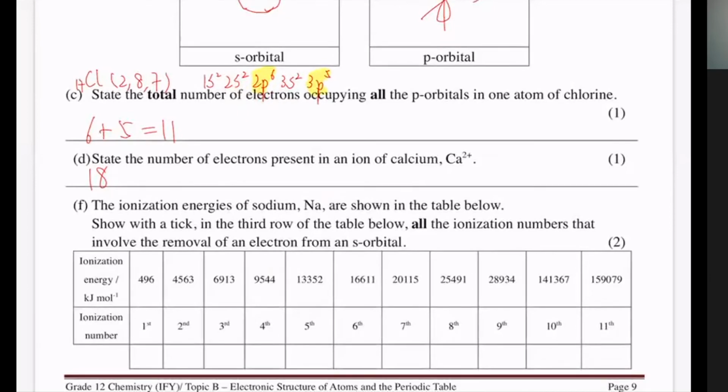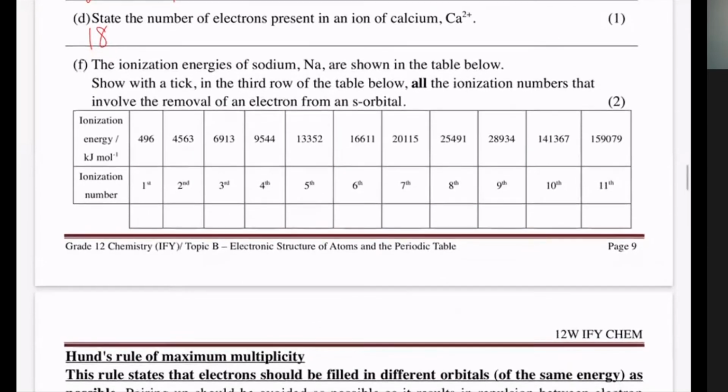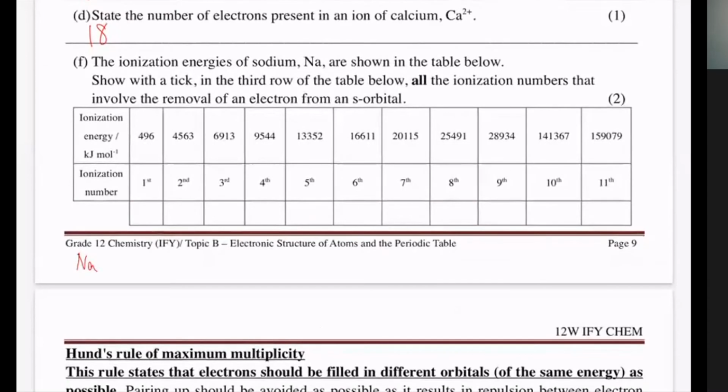Alright, so again, let's begin. Let's work out the electron configuration for sodium together. Sodium's atomic number is 11. What's the configuration? 2, 8, 1.